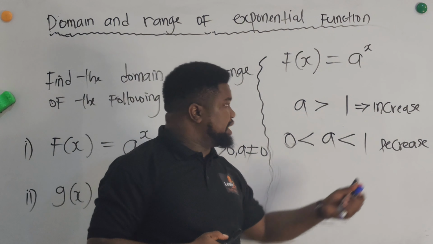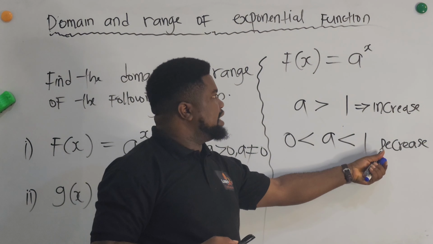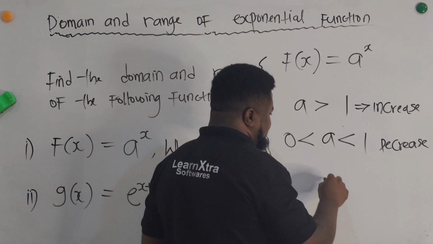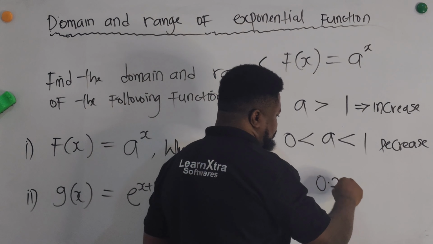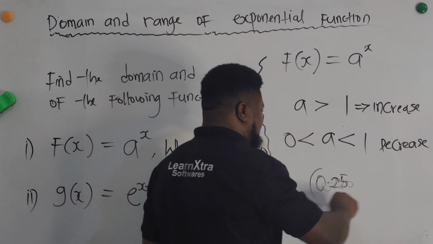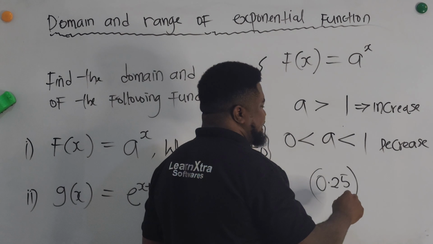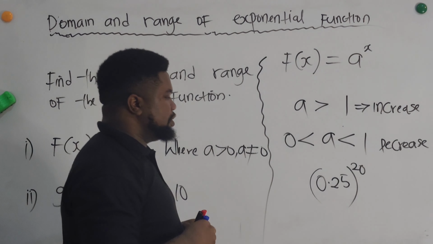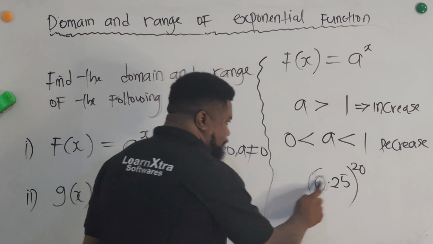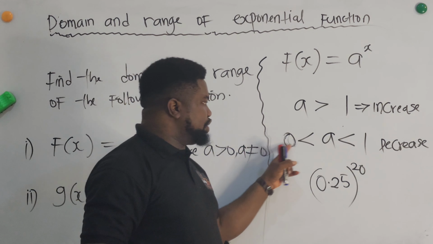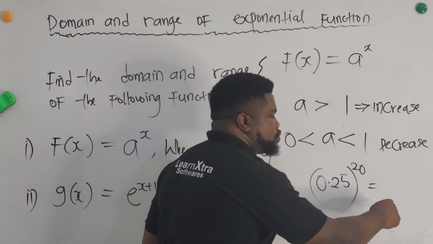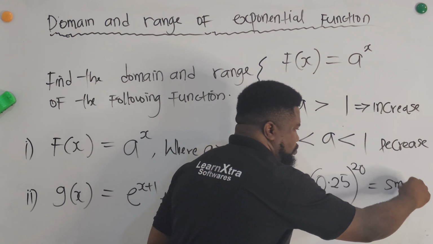Now, even if the function decreases, let's say I have 0.25 to the power of, let's say, 20. Normally, this 0.25 is a number in between 0 and 1, a proper fraction, so this value is going to be small.